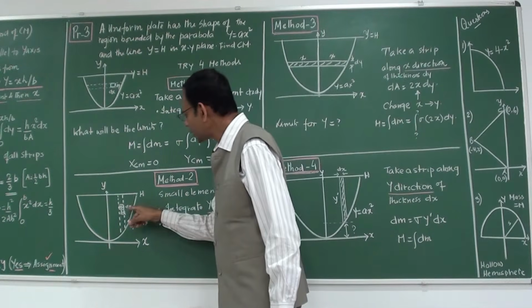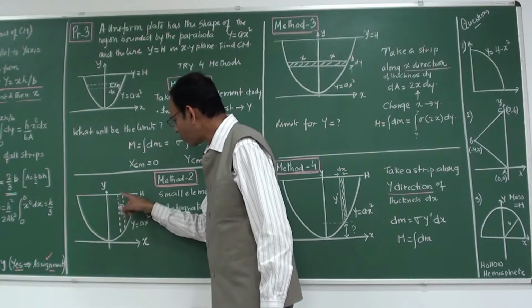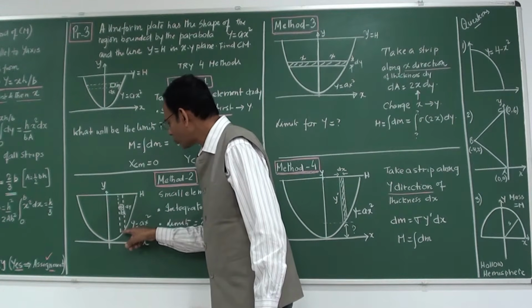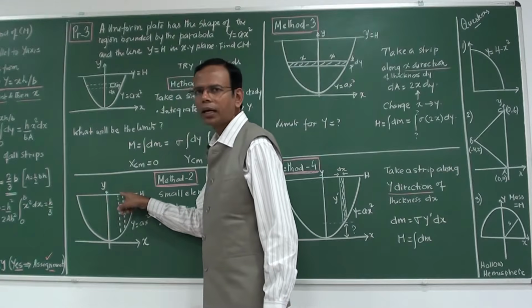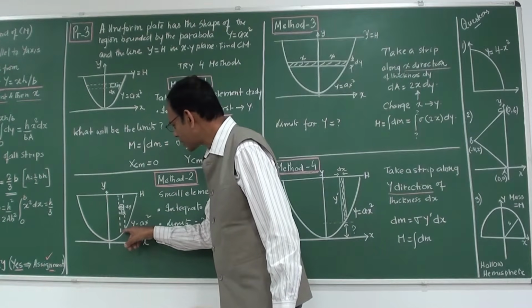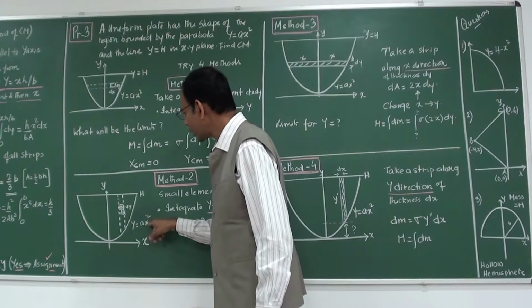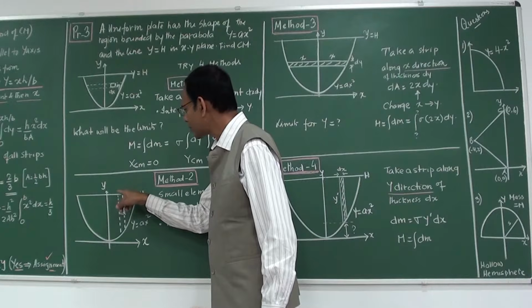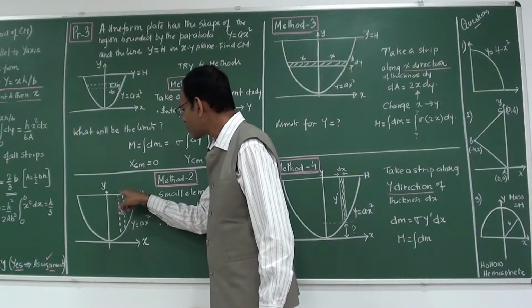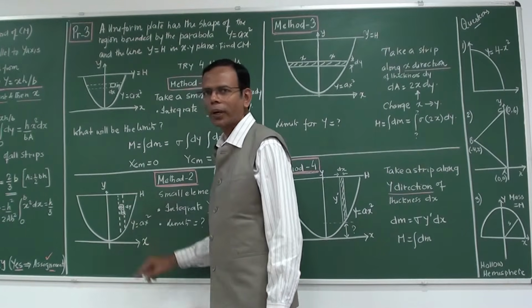If you integrate y first, you have to take the limit of any strip, what is the lower limit and what is the higher limit. The lower limit of y is y equal to ax square, and the upper limit is y equal to h. So that is the limits of y.